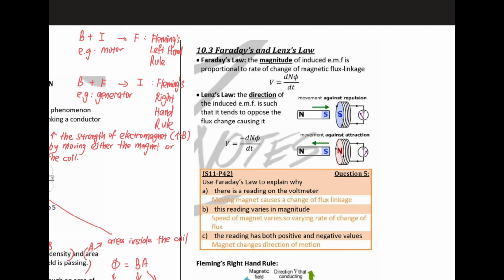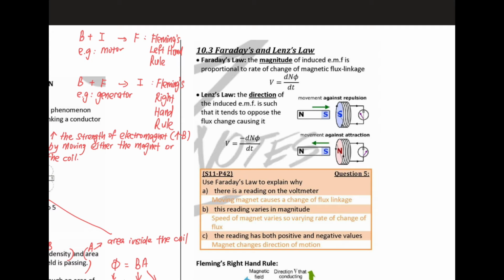So the d n phi is the change in the magnetic flux linkage. As you know, n phi is the magnetic flux linkage formula. The change in magnetic flux linkage over the change of time. So how fast you change it will affect the V, the EMF induced. Just the magnitude only.